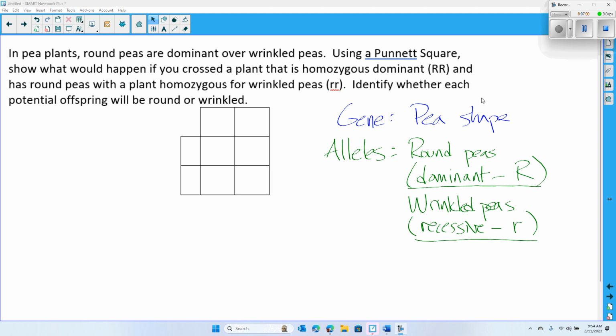We have two plants that we're looking at here, and we're performing what's called a cross. And in biology, when we talk about a cross, what we're talking about is when the biologist has control over which individuals produce offspring.